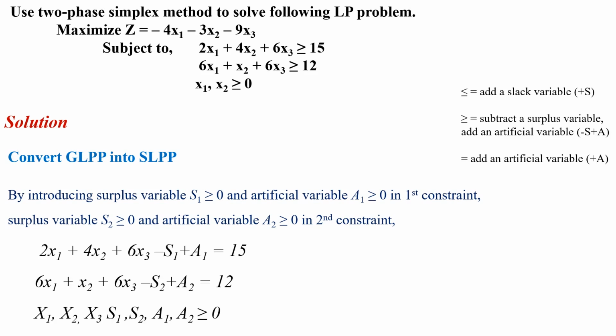Then the constraints become 2x1 + 4x2 + 6x3 - S1 + A1 = 15, and the second constraint becomes 6x1 + x2 + 6x3 - S2 + A2 = 12, where x1, x2, x3, S1, S2, A1, A2 are all greater than or equal to 0.